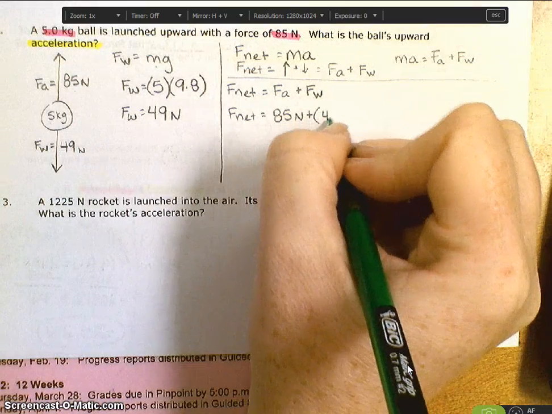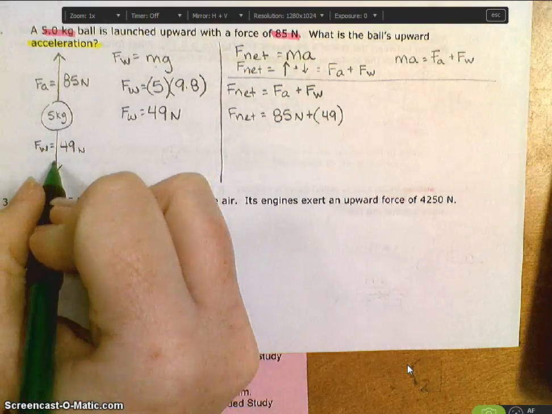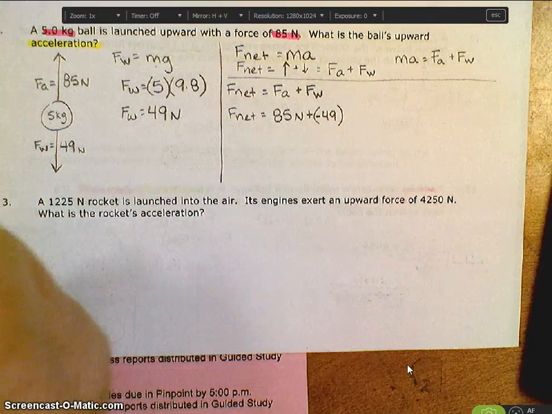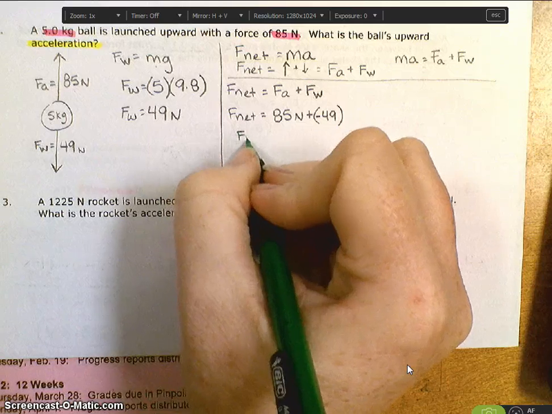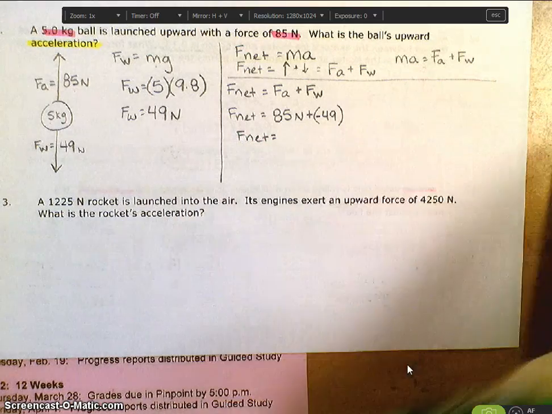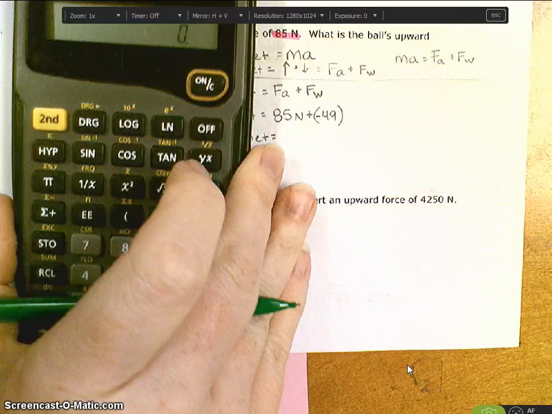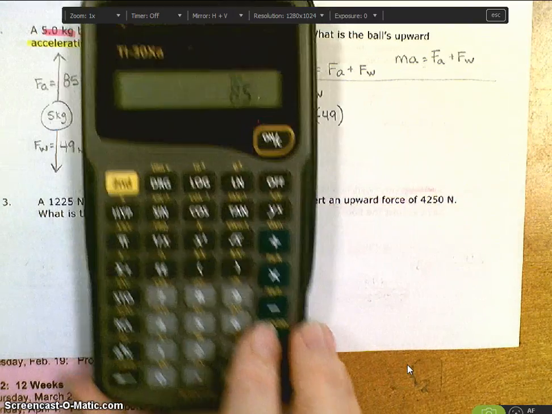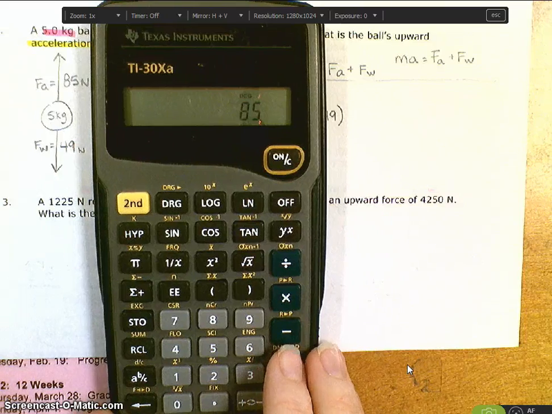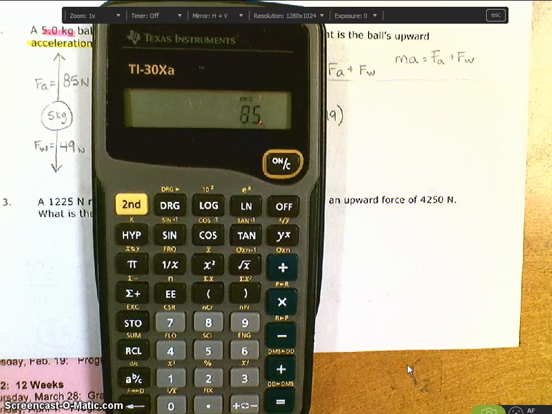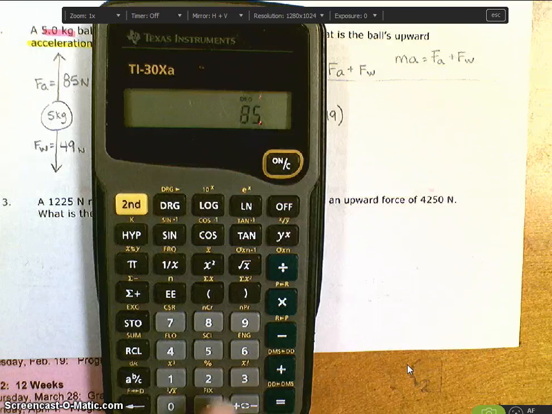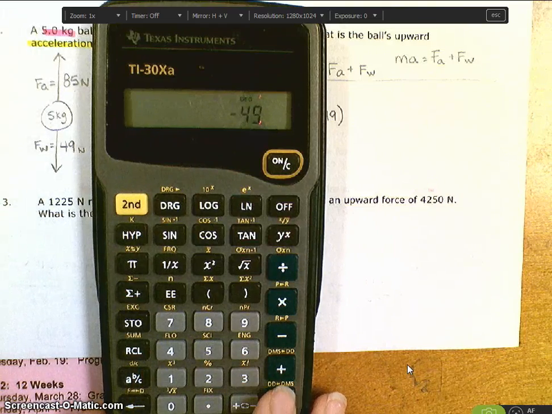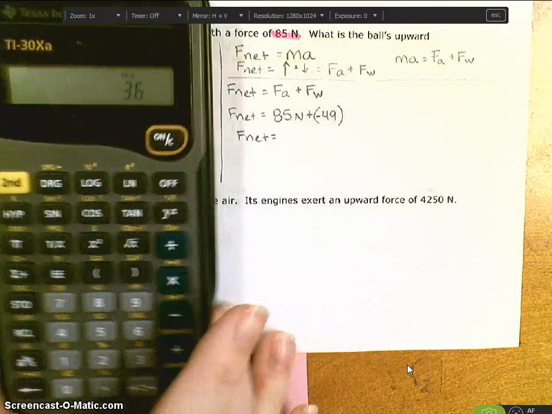Now I don't have the negative sign there because remember the negative sign means direction. It is opposite direction to the 85. So when I add these together, and really again I am adding a negative number, I'll even put it into my calculator that way to make the point. I'm going to say 85 and I hit the plus key. 85 plus a negative 49. It's the same thing as subtracting, and I get 36.